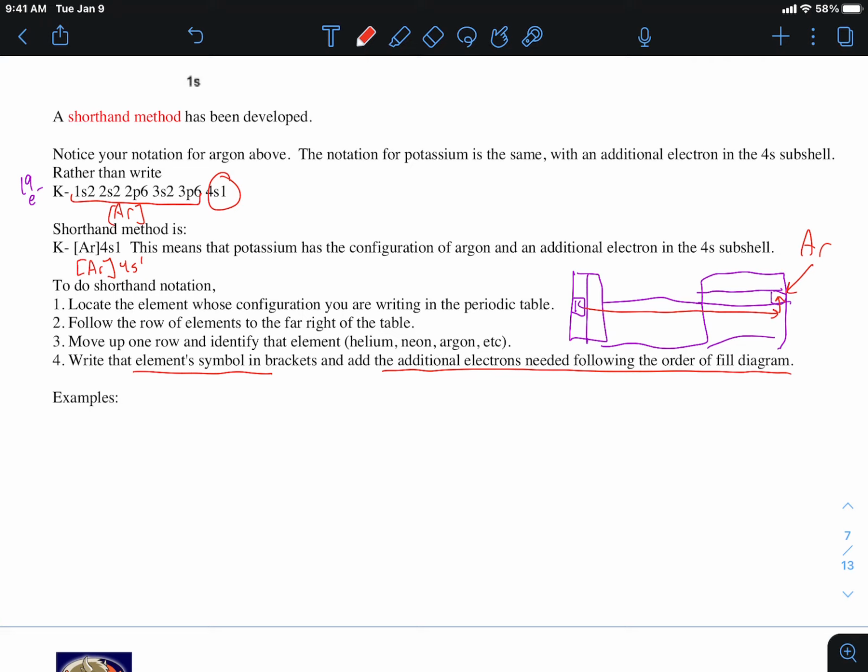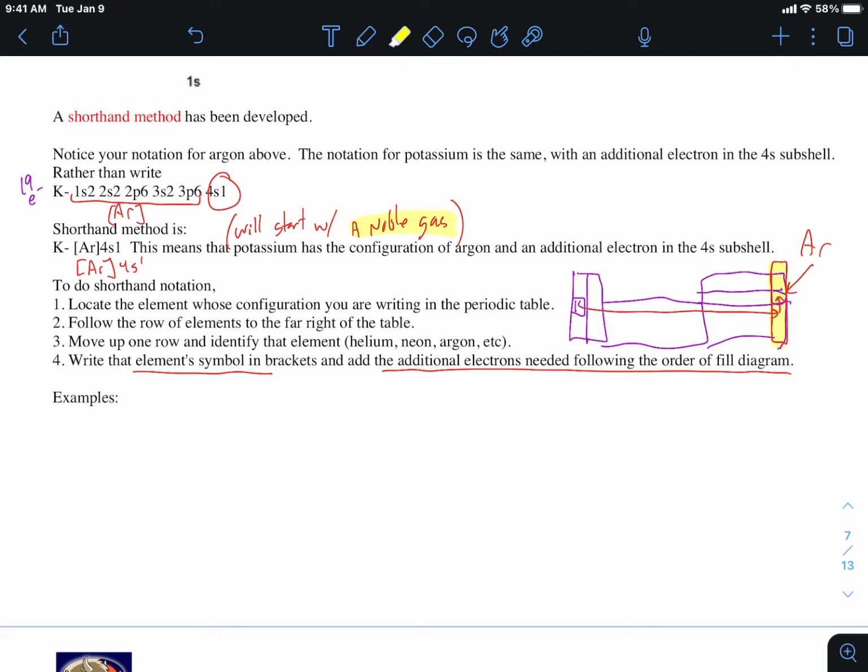So you can do this with any element. The shorthand method, because of the way we do it, will start with a noble gas. A noble gas is this entire column right here, the very last column.